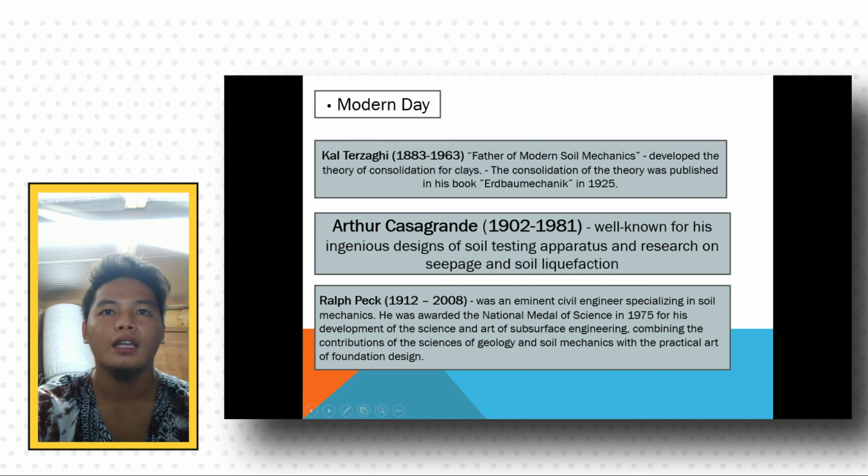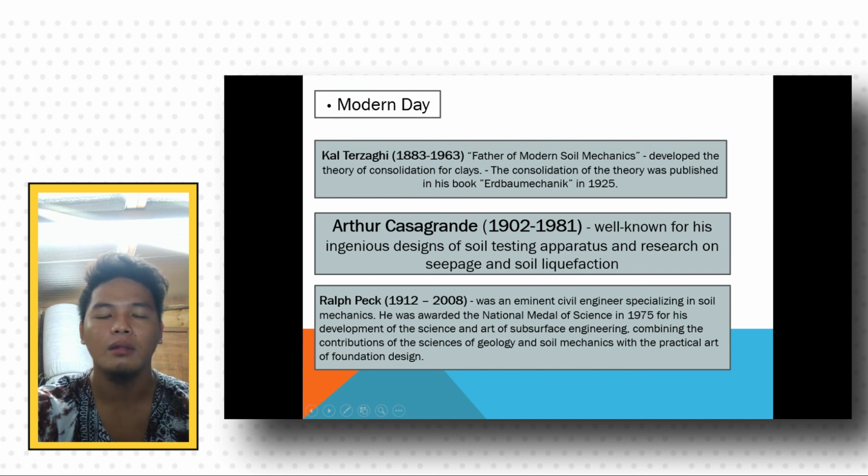Arthur Casagrande, 1902 to 1981, was known for his ingenious designs for soil testing apparatus and research on seepage and soil liquefaction. Ralph Peck, 1912 to 2008, was an eminent civil engineer specializing in soil mechanics.